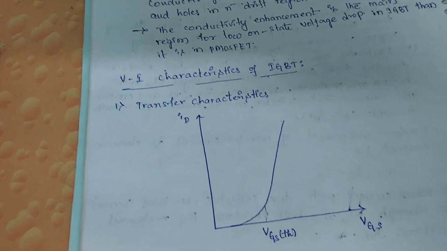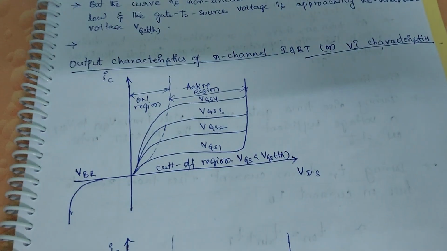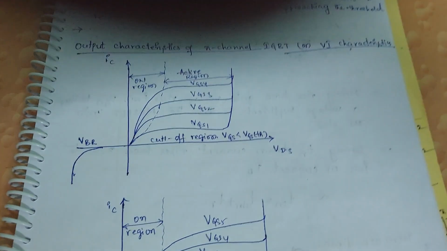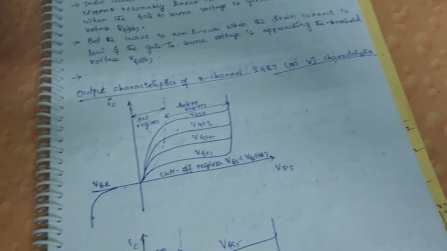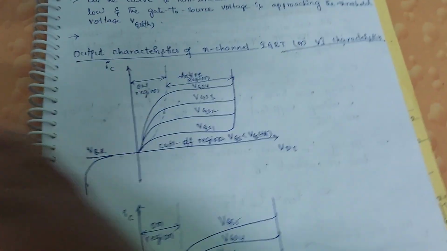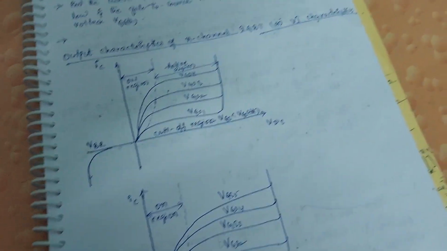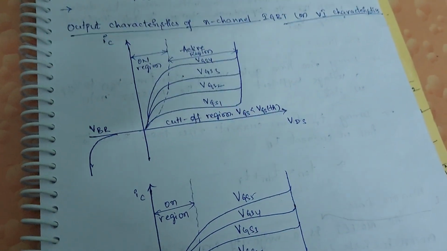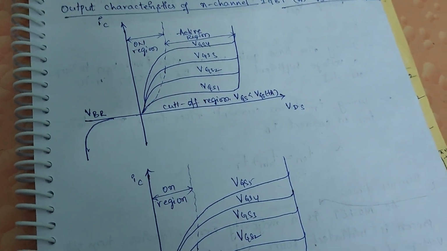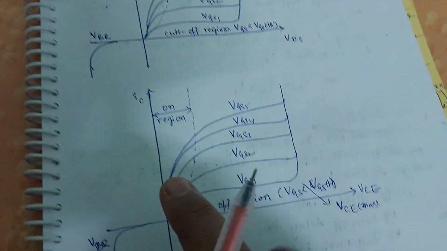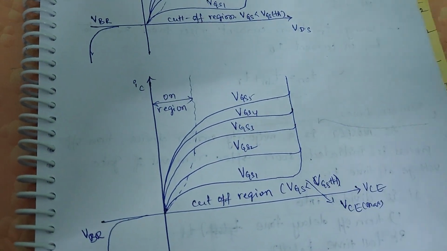Now coming to the output characteristics of the IGBT, they look like this. The output characteristics are also considered either as collector current versus drain to source voltage, or collector current versus collector to emitter voltage.